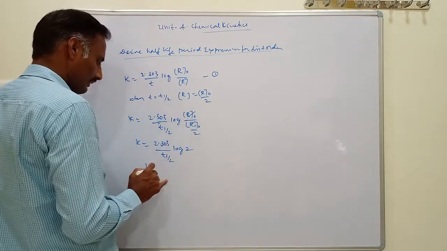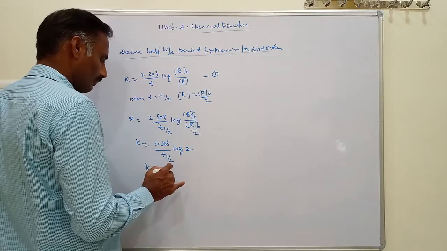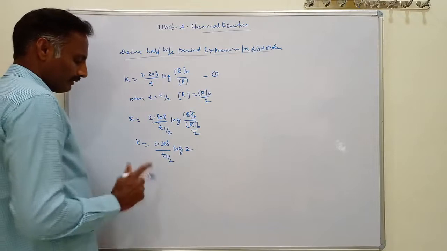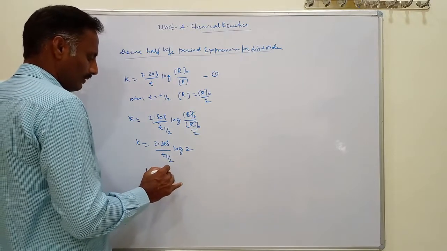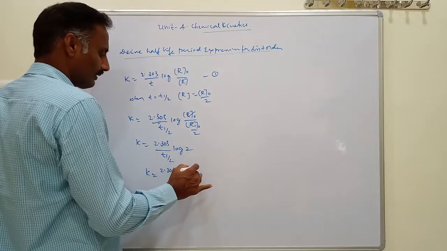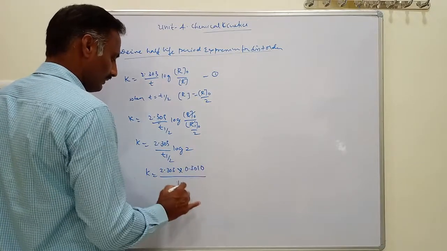So k equals 2.303 into log 2, where the value of log 2 is 0.3010, divided by t half.